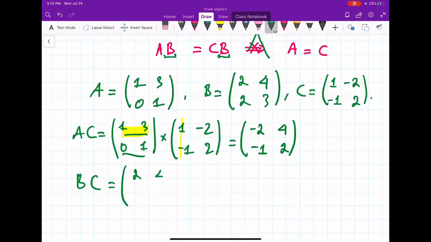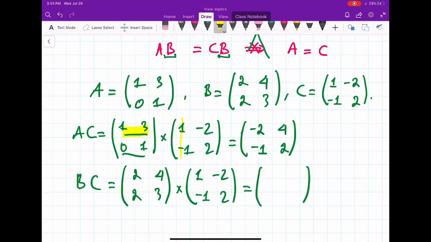How about BC? BC is 2, 4, 2, 3 times 1, -2, -1, and 2. I take the first row, multiply with the first column, I get 2 minus 4, which is -2. The second row with the first column, I have -1, right? 2 minus 3. And then I move to the second column, -4 plus 8, which is 4. And then the second row with the second column, I get 2.